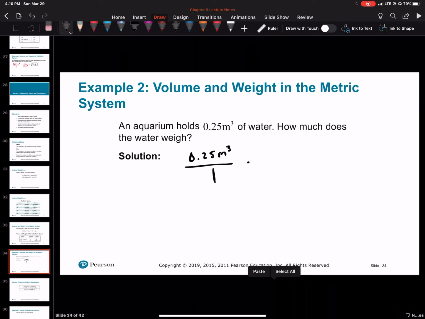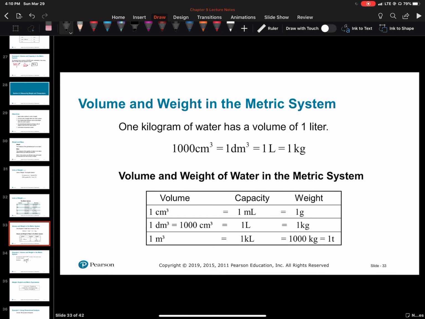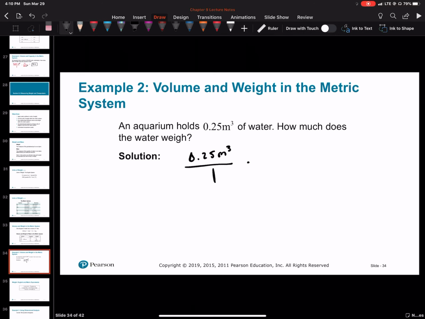If we go back to the previous slide, we know that if we're doing cubic meters, we can change it to kilograms. So in 1 cubic meter, there's 1,000 kilograms. So 1,000 kilograms per 1 cubic meter.